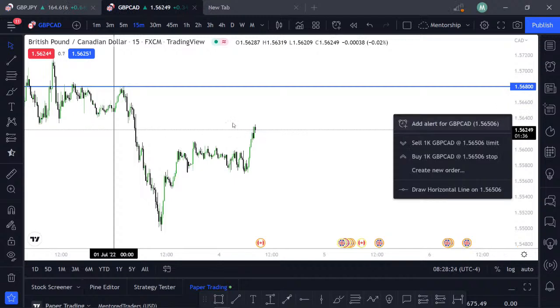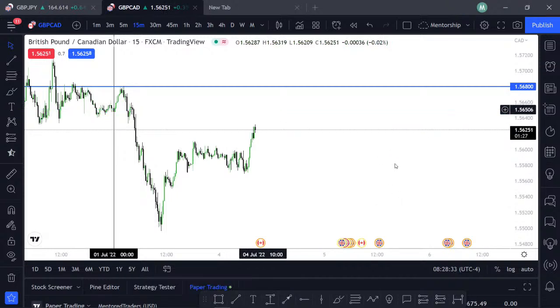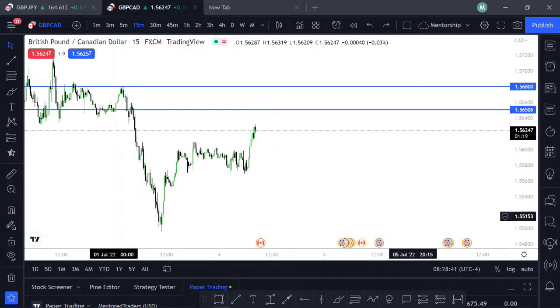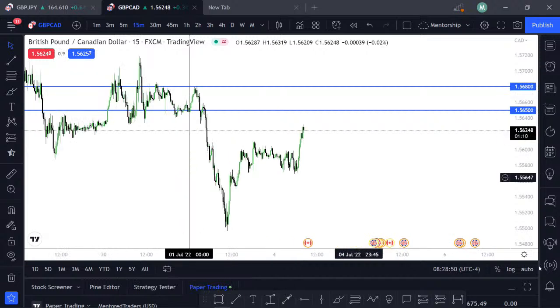Now, remember, if the Canadian dollar is the quote, we expect bearishness. So we have the 50 level right there. I'm looking at 50 and 80.